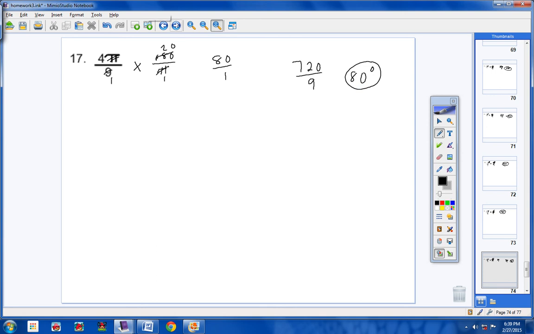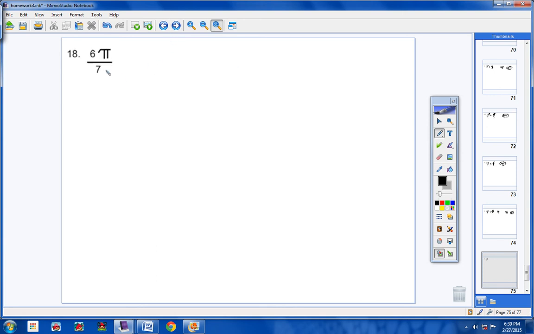Okay, number 18. We're going to convert these radians to degrees. Anytime you do that, you're going to multiply by 180 over pi. Your pi cancels with your pi. 6 times 180 is 1,080, and 7 times 1 is 7.